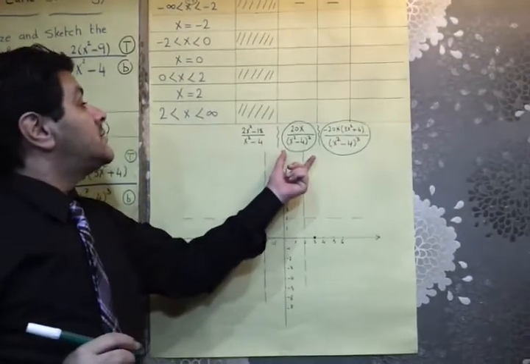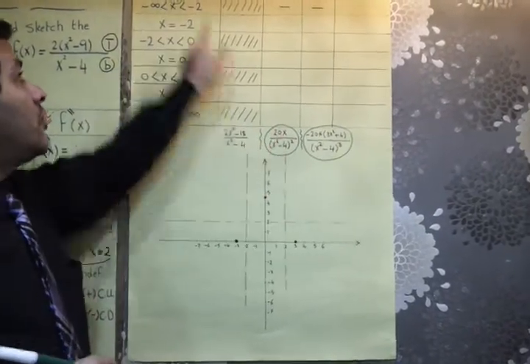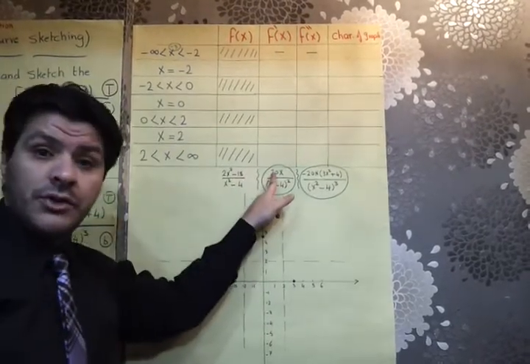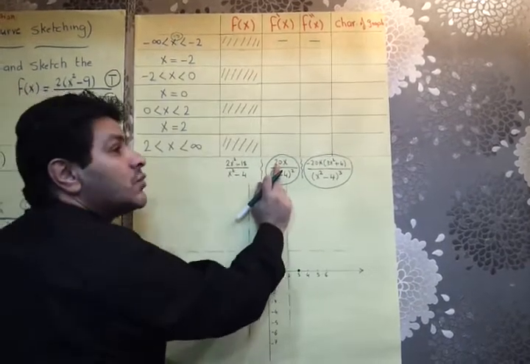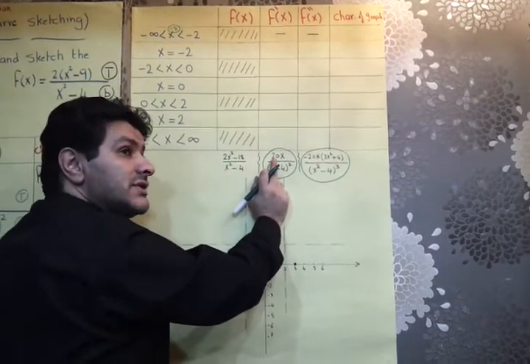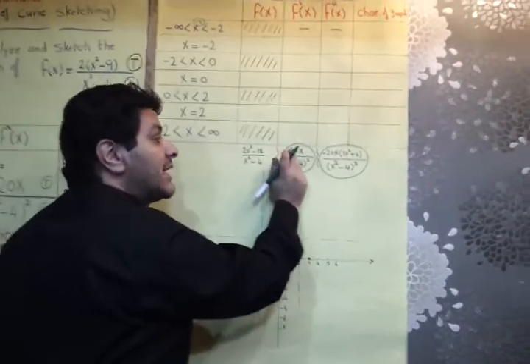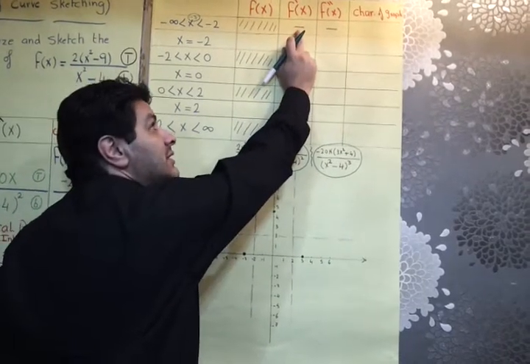You will get the negative sign. If you plug in -3, the number between -infinity and -2, negative 3 times 20 equals what? Negative 60, right? And for this part, it's going to be positive. So negative divided by positive equals negative. So we are going to put the sign here.